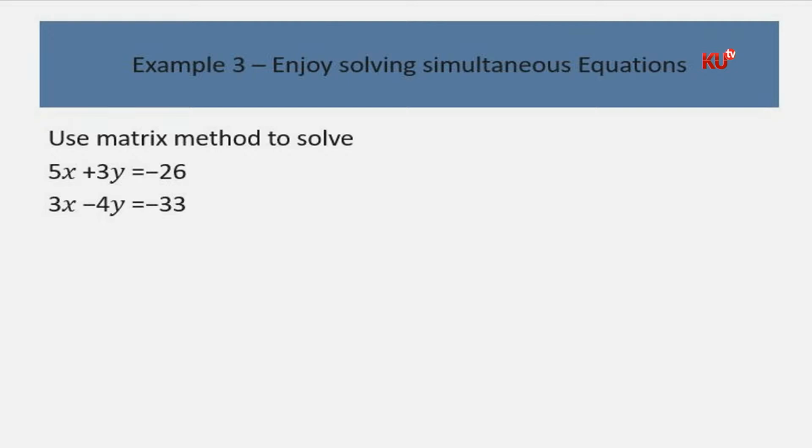From what is being projected, you can see we have 5x plus 3y should be equal to negative 26.